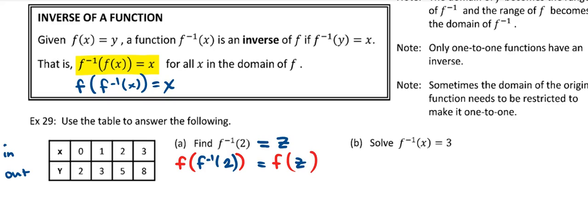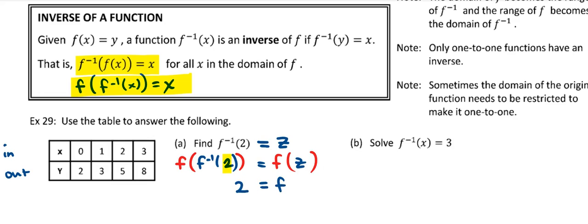On the left-hand side, because a function is one-to-one, composing an inverse with its function, and the other way around, gives the argument back. So f of f inverse of 2 will give us back 2.